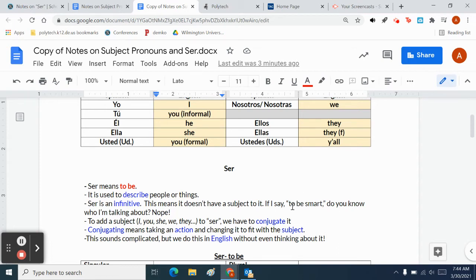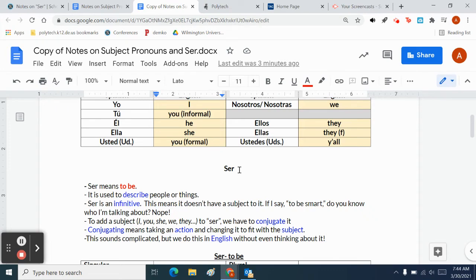So in order to add a person to that, to add a subject, we have to do what's called conjugating. And conjugating basically means we take ser and we change it so that we can add a person to it.